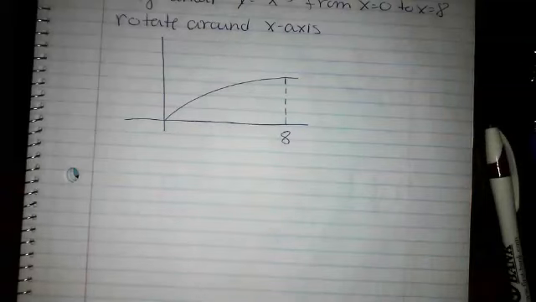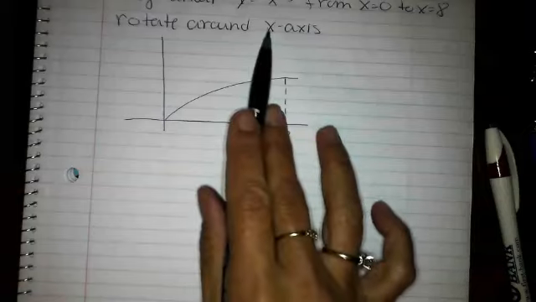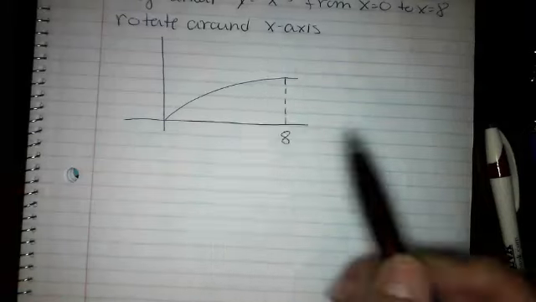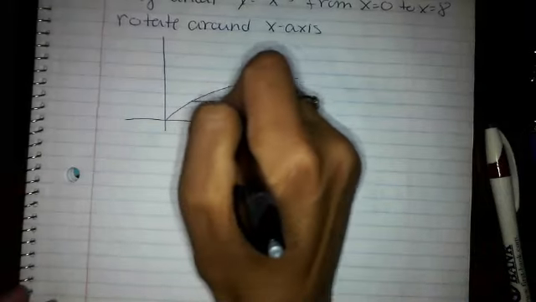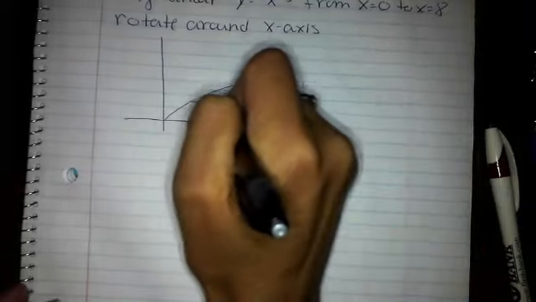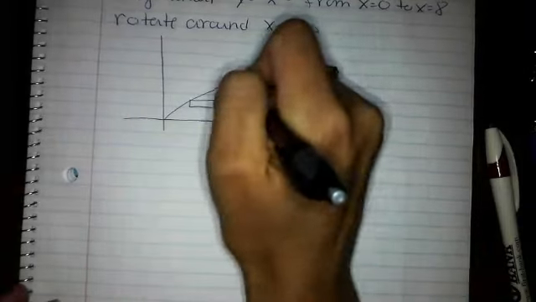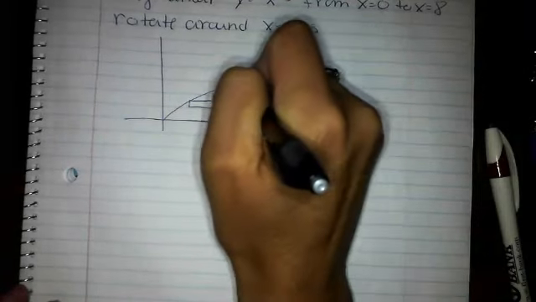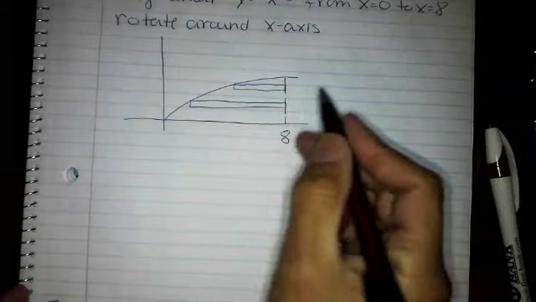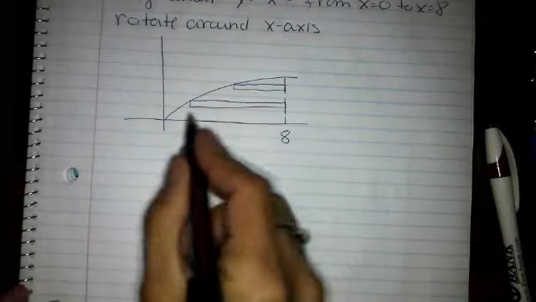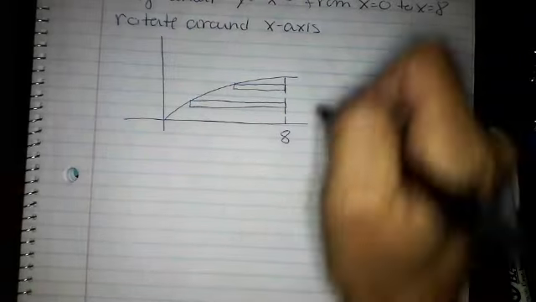So shell means I'm going to draw my rectangle parallel to my axis. So I am going to put it in this way. And you can see all the way through this region, it's consistent on each end. It's the vertical line and then the function, vertical line and the function. So we're going to go with the shell formula.